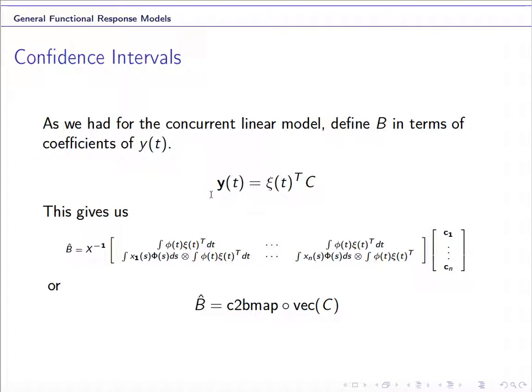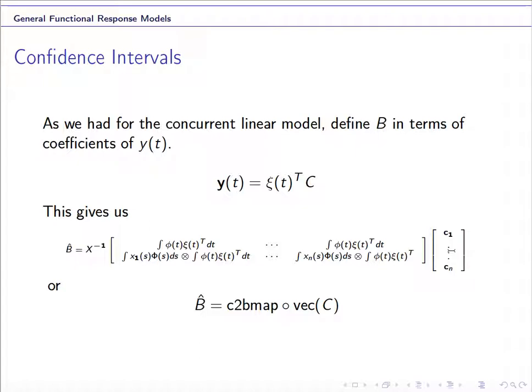So y of t equals cos t transpose times c. Then you can write the vectorized matrix B hat as a big matrix multiplied by the basis coefficient c.